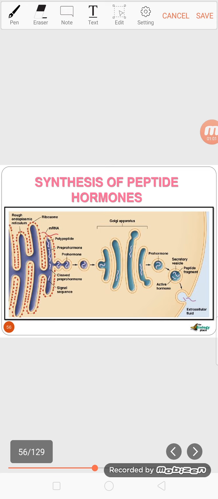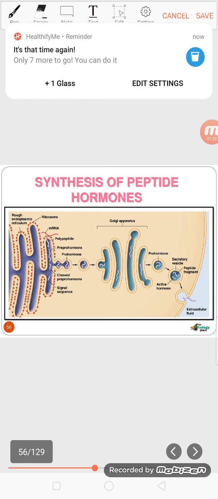The info comes from mRNA and then goes through the Golgi apparatus and endoplasmic reticulum to attach one amino acid by one amino acid, so it becomes peptides. Dipeptide, tripeptide, eventually polypeptide.